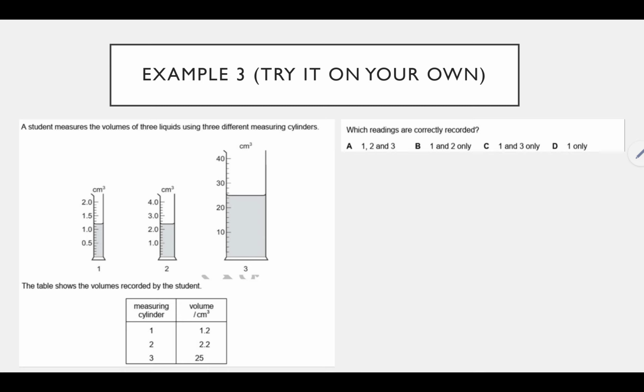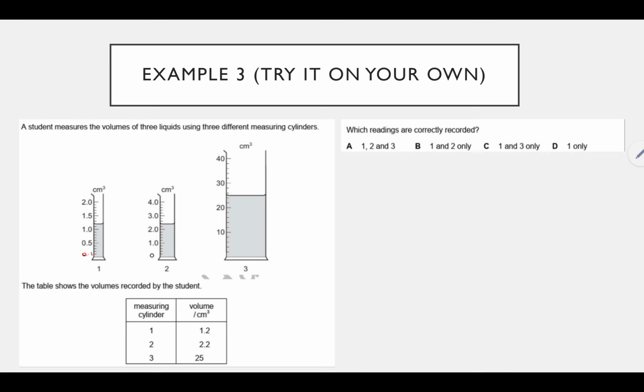In one, each 5 dashes is resulting in 0.5, which means that each dash is equal to what? Is equal to 0.1. In number 2, each 5 dashes result in 1.0. So I have to divide the 1.0 divided by 5 to know how much each dash is equal to.